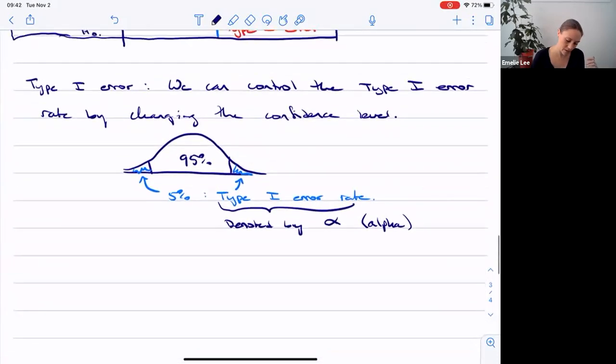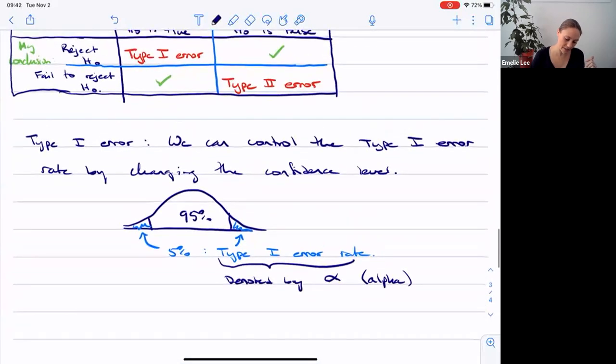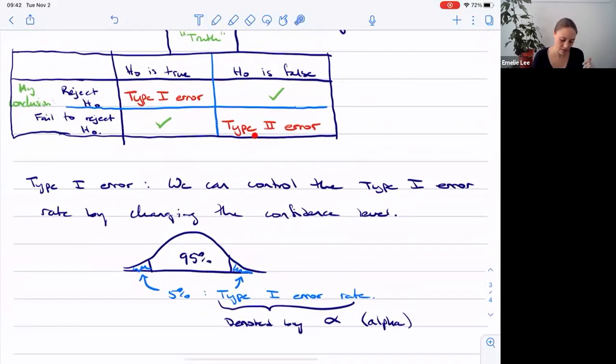Okay, so the type 2 error is when I don't have enough evidence to reject H0, but it actually should be rejected.